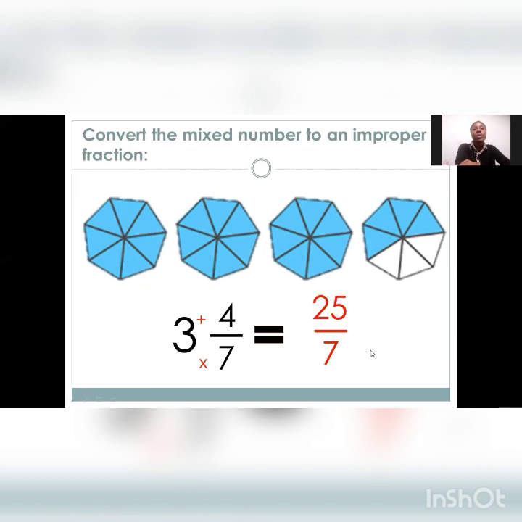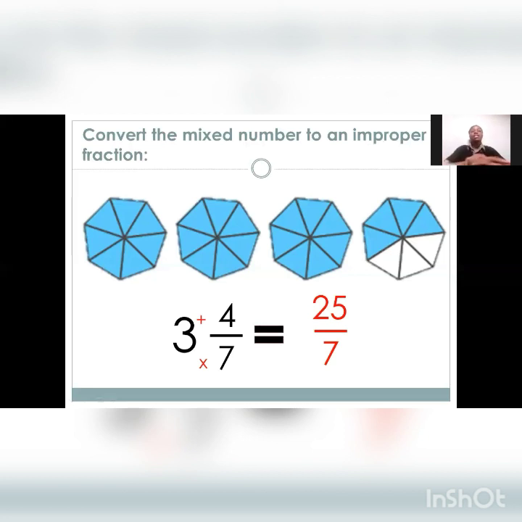Or another way, if you look, there are 3 shapes equally shaded times 7. There are 7 parts in each shape, and then you want to add the remaining shaded parts, which is 4, and that gives you 25.